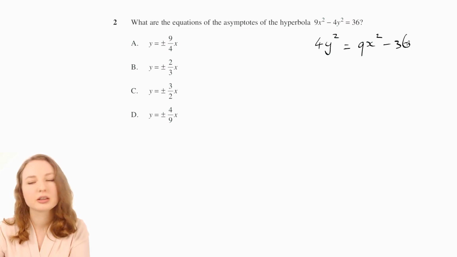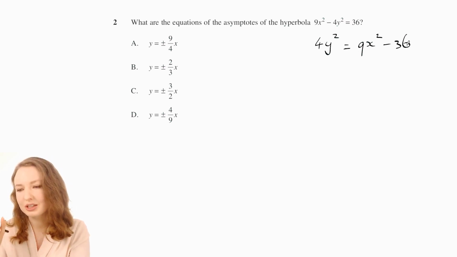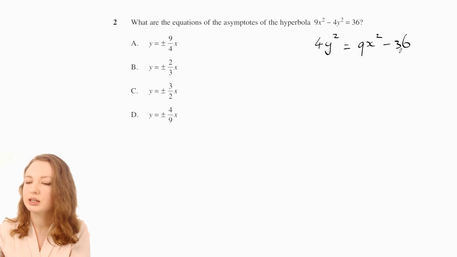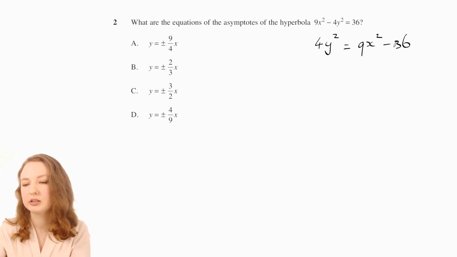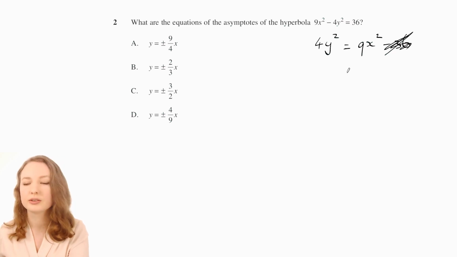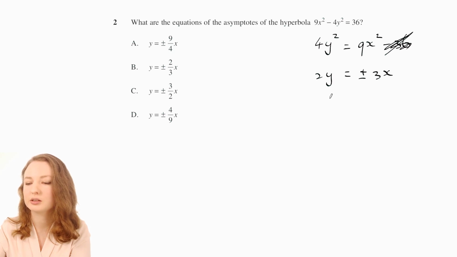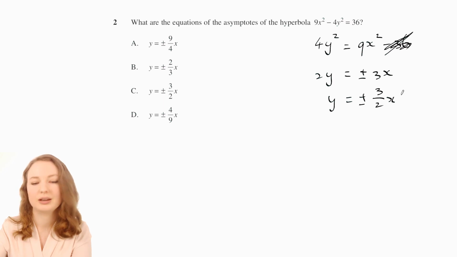And the 36 doesn't really matter much anymore because it's really tiny in comparison to this. So in the limit as x gets really big, you can basically just ignore that and just imagine that that's the equation. So if you just square root both sides, you get 2y is plus or minus 3x. 2y equals plus or minus 3 on 2x, which is c.